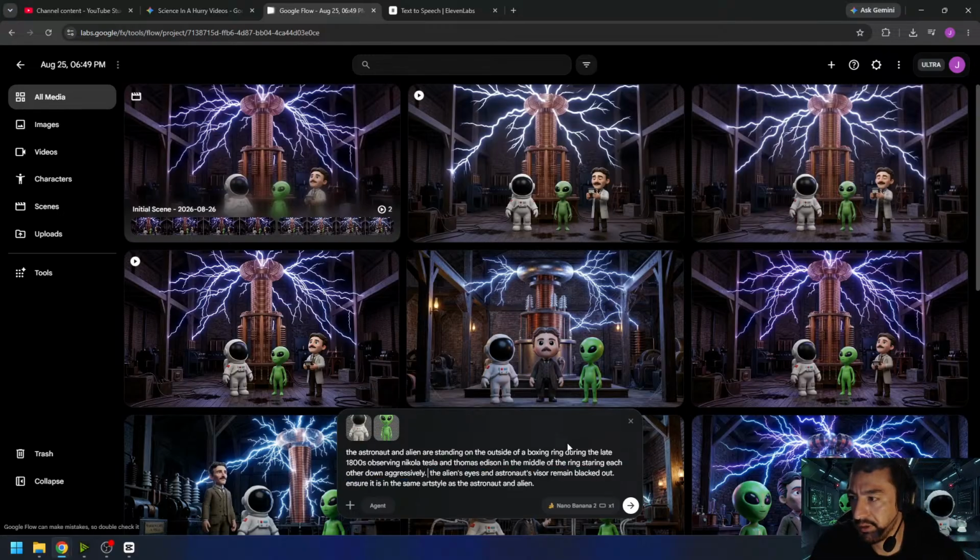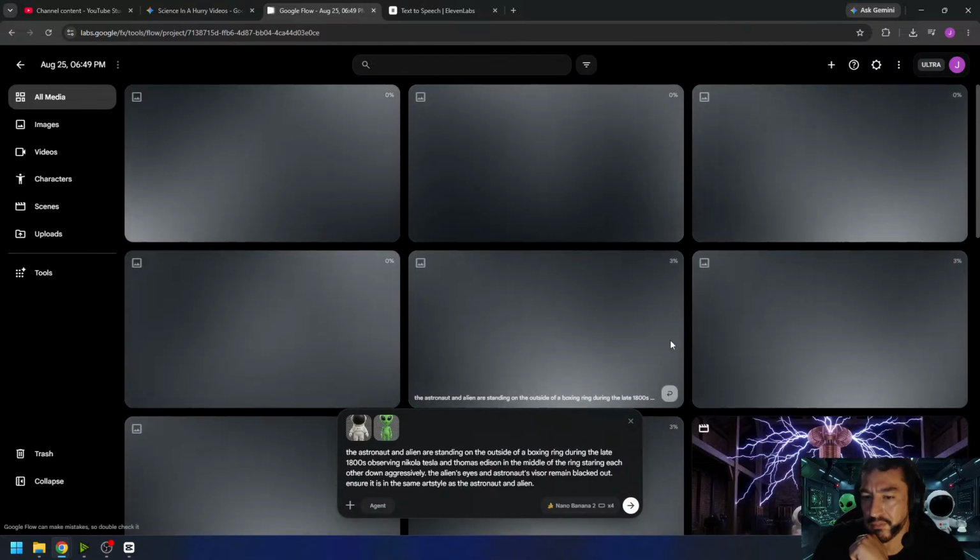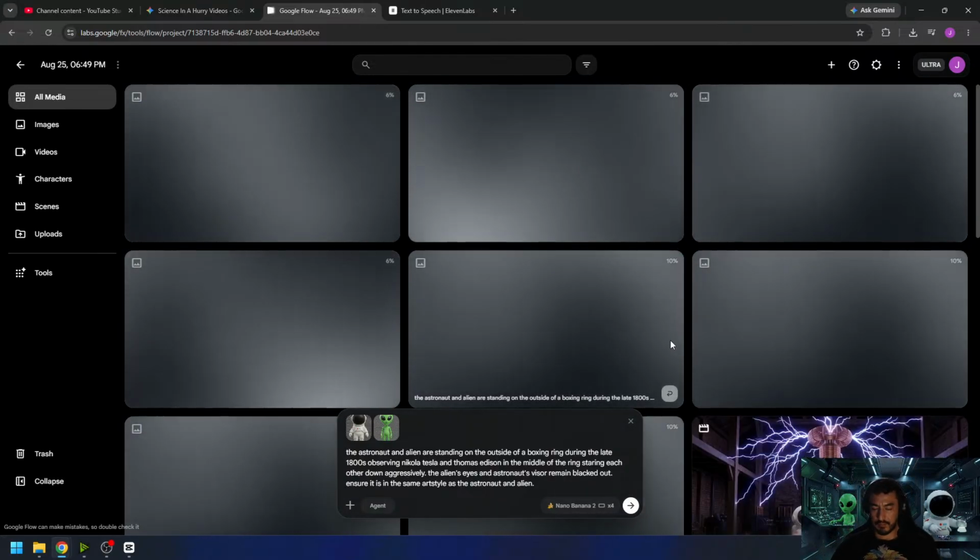Then I can delete this instruction. The alien's eyes and astronaut's visor. Okay, so the astronaut and alien are standing on the outside of a boxing ring during the late 1800s, observing Nikola Tesla and Thomas Edison in the middle of the ring, staring each other down aggressively. Very long winded. See how that turns out.